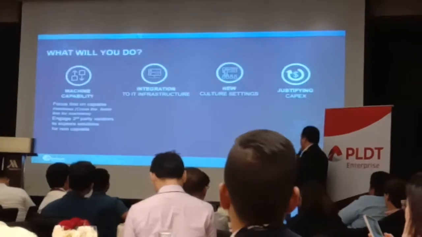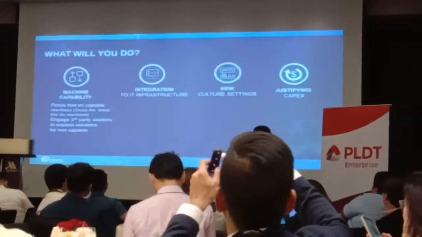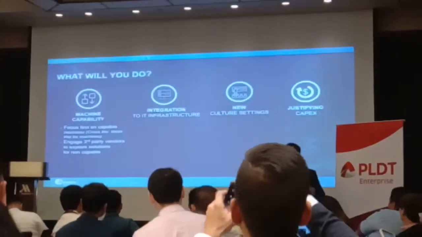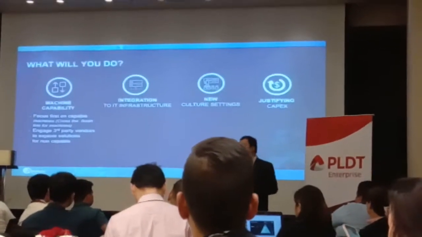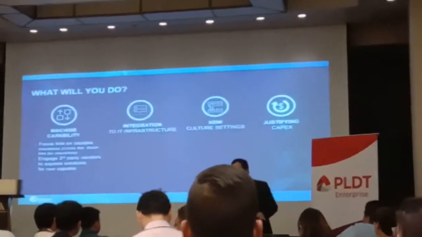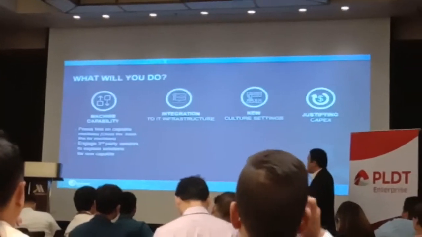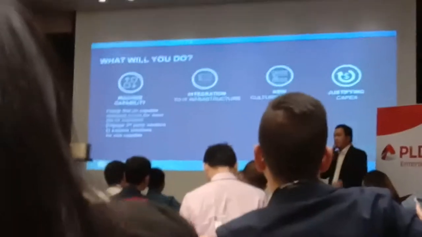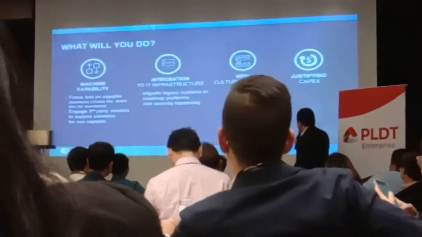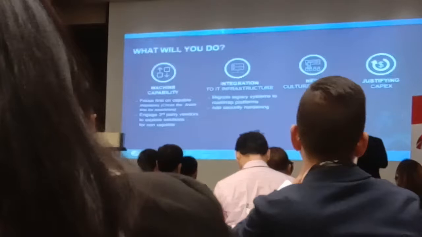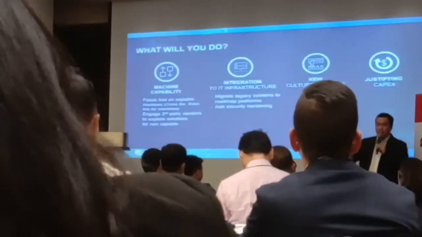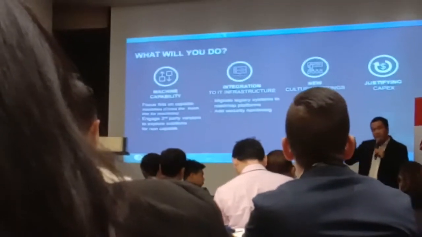In terms of machine capability, we focus first on those machines that are capable. Those that are not capable are those running on the DOS operating system. You cannot connect that, okay? So focus first, finish it, and you get the value out of it. The second is, we have to migrate all our legacy systems. 2 years ago, I made a mandate: no more development on legacy systems.